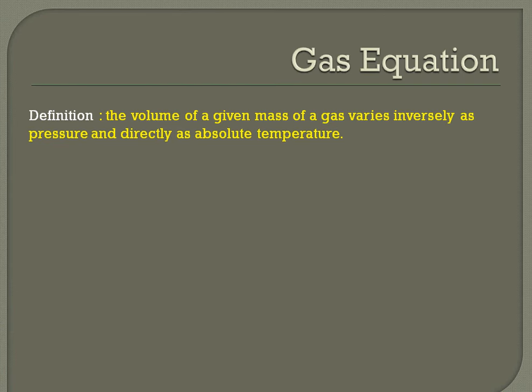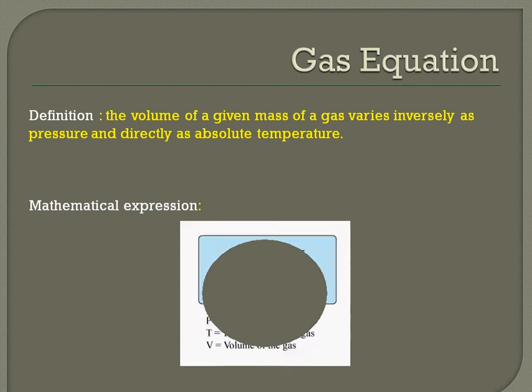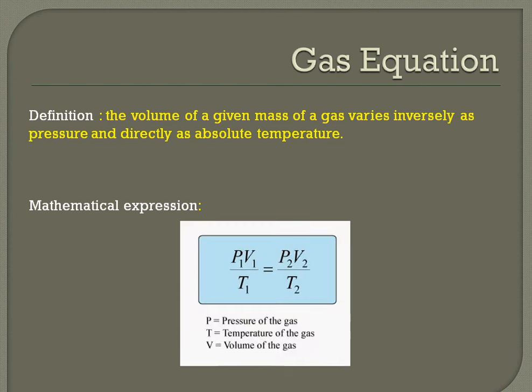So it's very difficult to keep one variable constant. So it comes out to be the gas equation. The mathematical expression is P1 V1 upon T1 equal to P2 V2 upon T2, where P is pressure of a gas, T is temperature of a gas, V is volume of a gas.